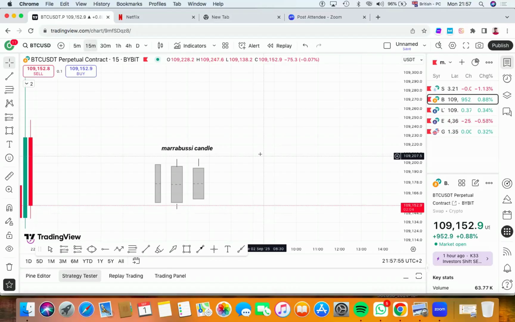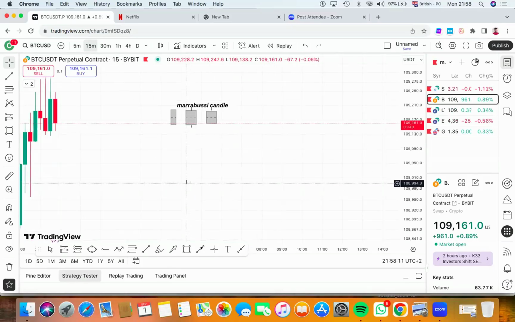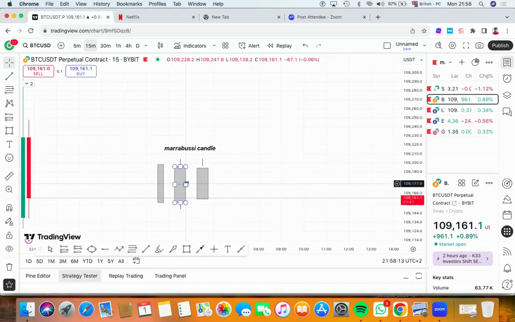By so doing, they are leaving inefficiency in price, so they are leaving gaps, the FVG, fair value gaps, in the market, which is the second topic that we are talking about this evening.